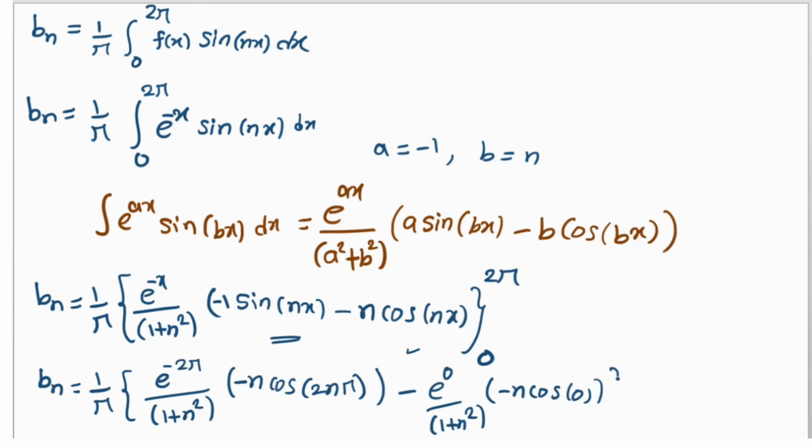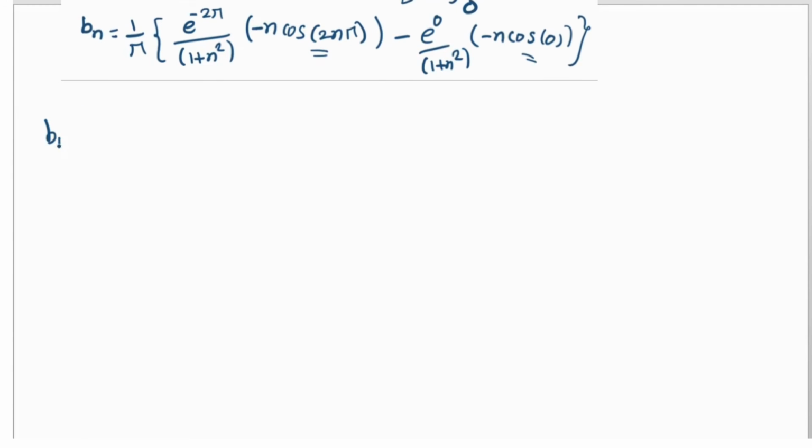So sine is 0 for upper limit as well as lower limit. So we can write here sine 2n pi is 0 as well as sine of 0 is 0. So here bn equals 1 upon pi, as well as here 1 upon 1 plus n square is common.